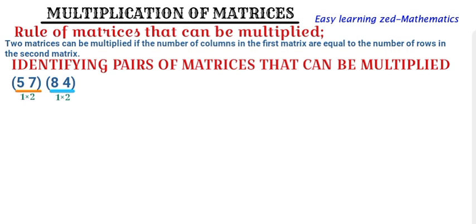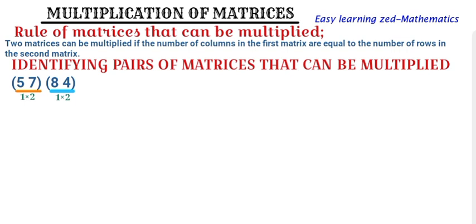Now let's go to the golden rule of multiplying matrices. This rule is saying the number of columns in the first matrix should be equal to the number of rows in the second matrix. So let's go to the first matrix and identify the number of columns. The first one, underlined in orange, has two columns.